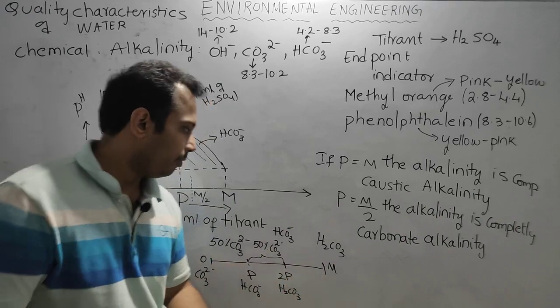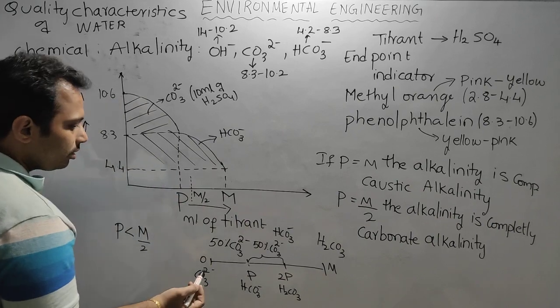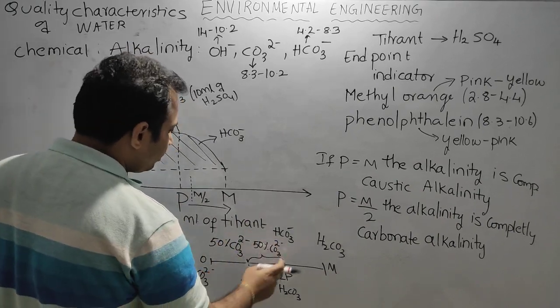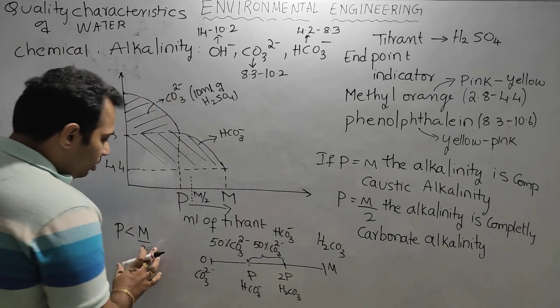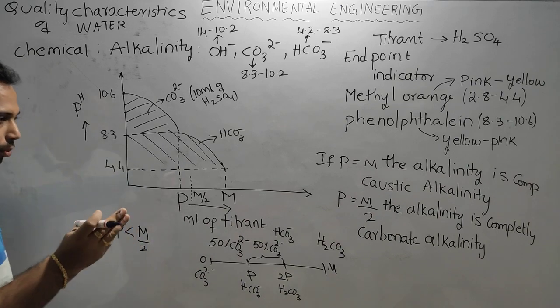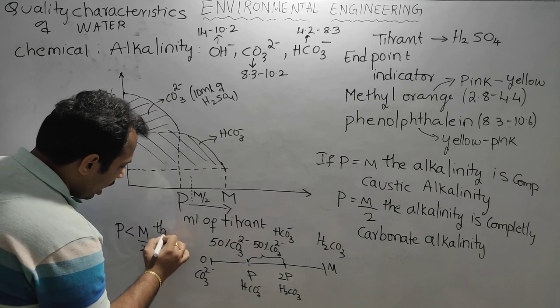Are you getting my point? So in this case, when P is less than M by 2, the alkalinity present in water is carbonate as well as bicarbonate alkalinity.